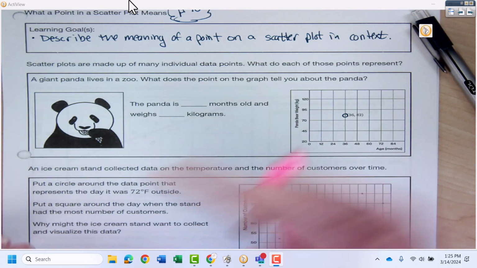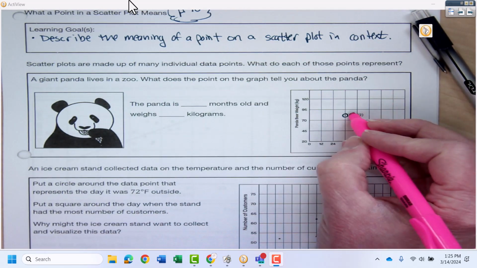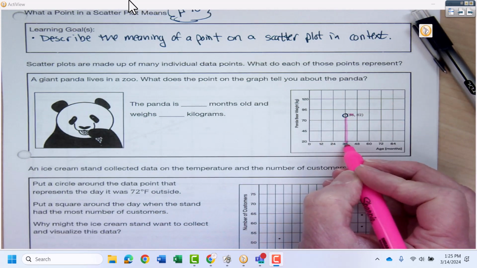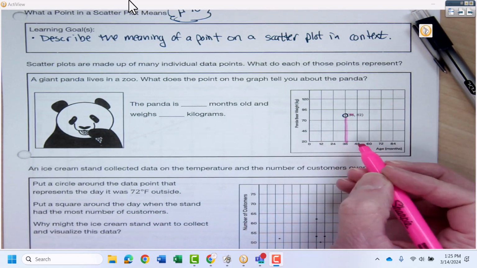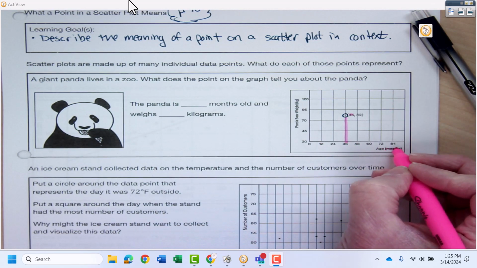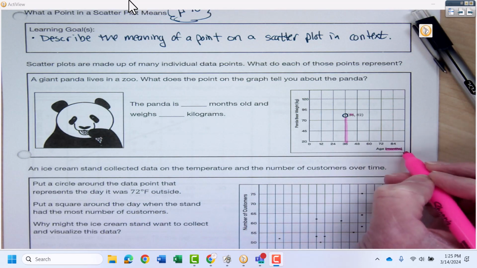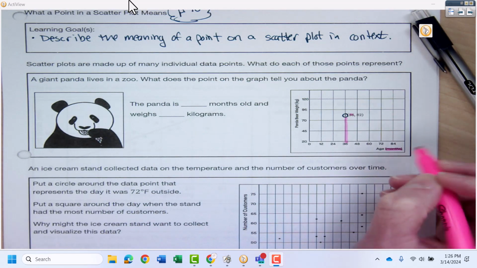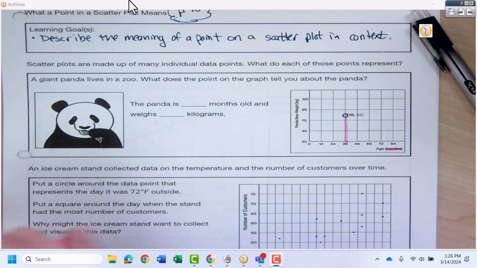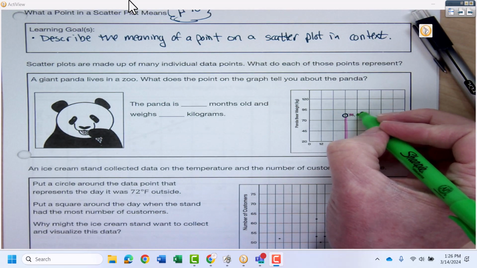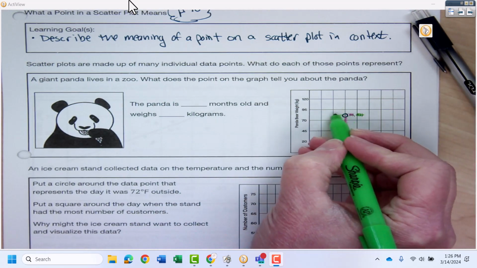So let's make sure we understand what that 36 and what that 82 mean. Let's start with the 36. That's the x value. There's our 36. And if we want to know what that x value means, we need to read this label for the x-axis. That's the age of that panda in months. And I can do the same thing with that y value. For that one point, I can see that the y value is 82.